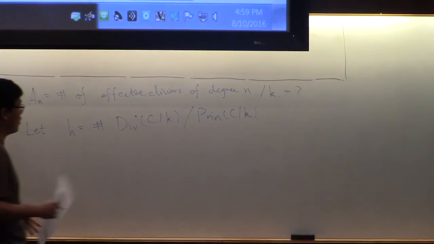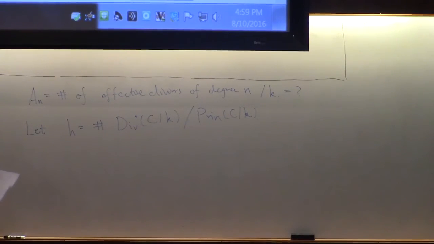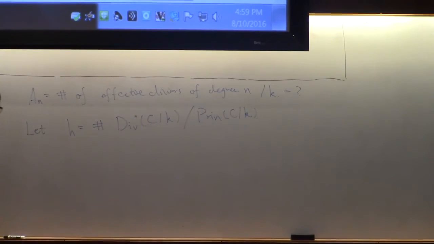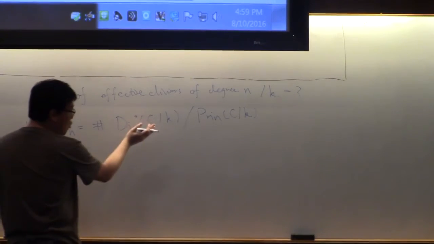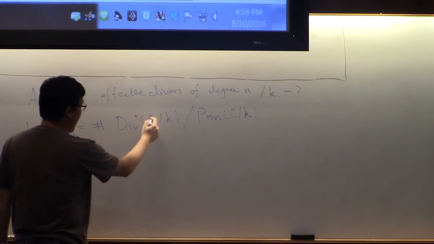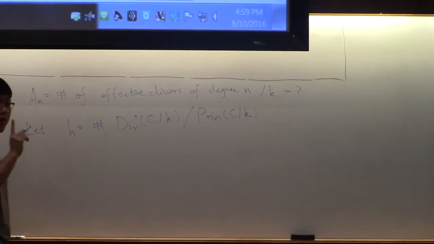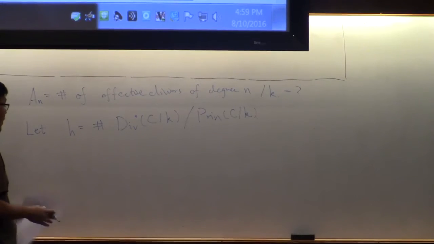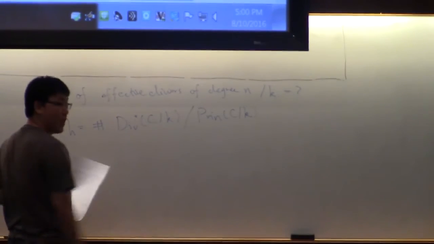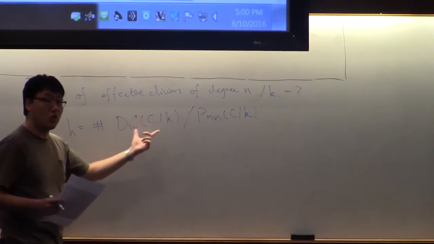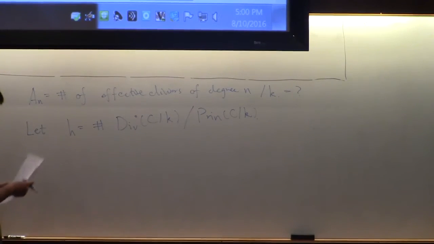It turns out that the quotient is a finite group, and its cardinality is denoted by h. This is only true for smooth projective curves defined over a finite field. The finite field condition is very important. In general, if K is an algebraically closed field or an infinite field, this is not true. This is only true for finite field.